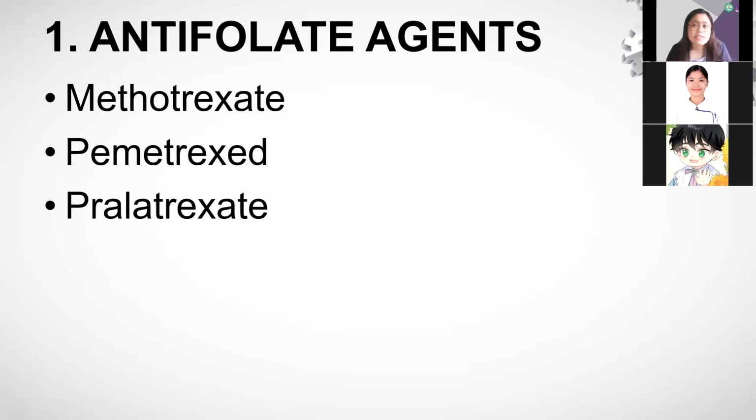Again, folic acid is for cell division. Now, since they are anti-folic acid, there will also be arrest in cell division if there is no folic acid. Now, what are the specific drugs under the antifolate agents? We have Methotrexate, Pemetrexed, and Pralatrexate.